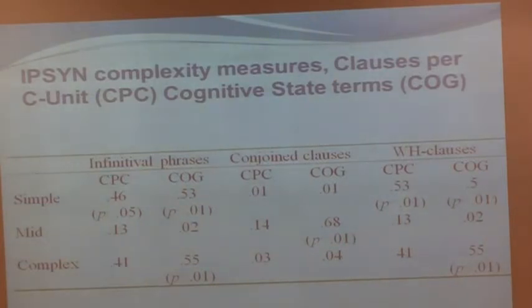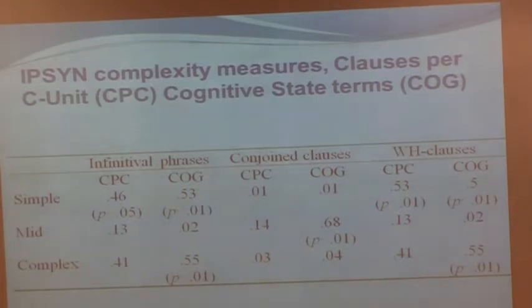So what does this mean? It seems that a general measure like clauses per C unit and a specific measure like cognitive state terms are correlating in different ways with a specific measure such as infinitival phrases. They're not quite telling us exactly the same thing. Overall, I think we can see, if we look at the cog columns, yeah, cognitive state terms, that they correlate more with simple and complex task performance than clauses per C unit.